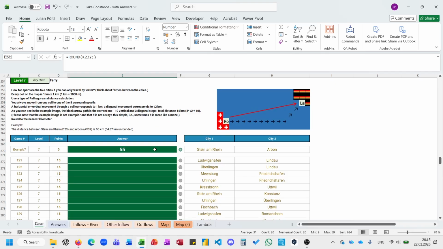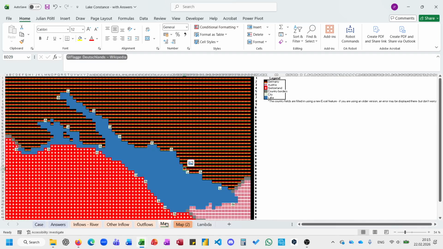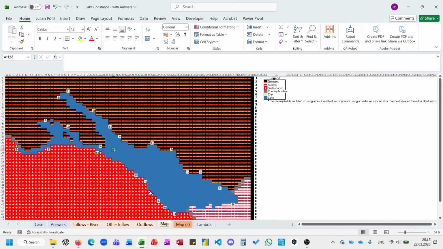So actually, there are a few ferries between those cities, and we want to now know the ferry distance, so the distance when you only travel on the lake, but with a Pythagorean way. And the issue is, it is not always direct. So to go from Allensbach to Ludwigshafen or Bodman, you actually have to go here with a maze way, I would say.